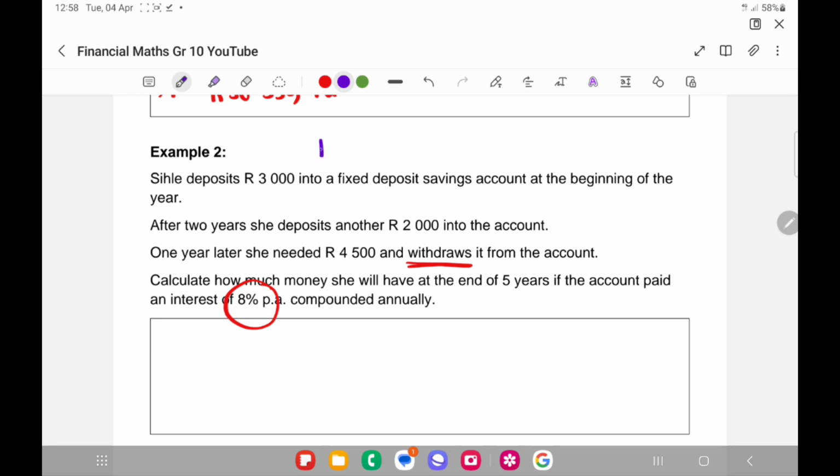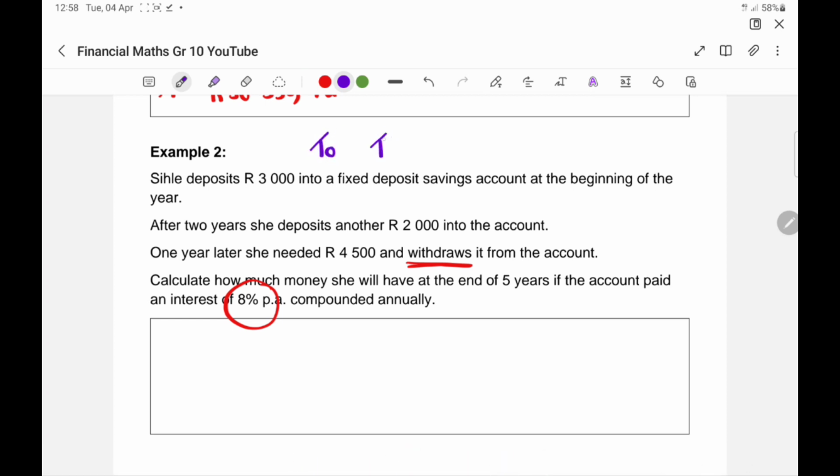Okay, so what are we going to do? We always start with term 0. And because it's 5 years, we're always going to go all the way up to that amount, term 5. Okay. Then our interest was fixed at 0.08, or you could have written 8%. And then let's go fill in the amount.